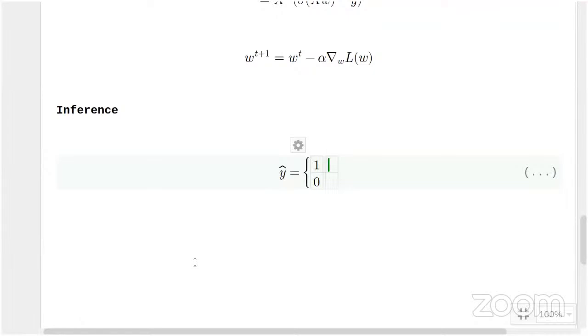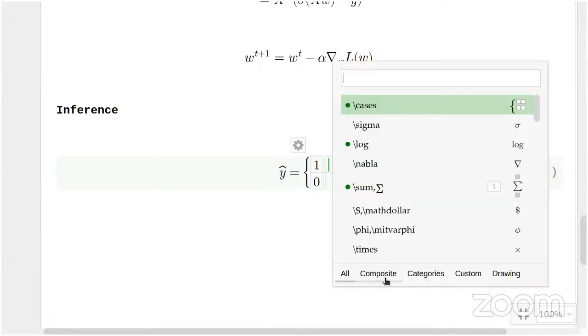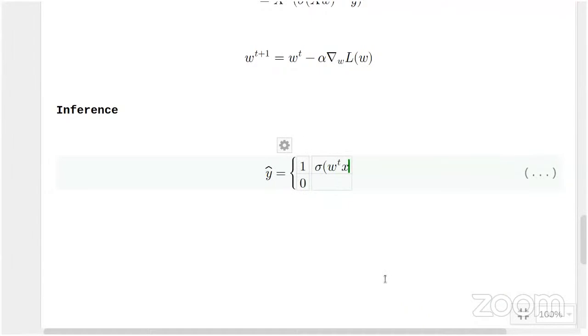When will this be 1? When the predicted probability is greater than a threshold T. The predicted probability is, in our case, sigma of W transpose X, the probability of this data point being 1. When that is greater than some threshold, we'll predict 1. Otherwise, we'll predict 0.